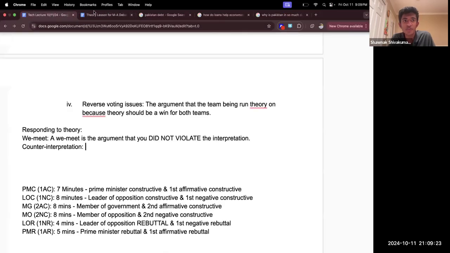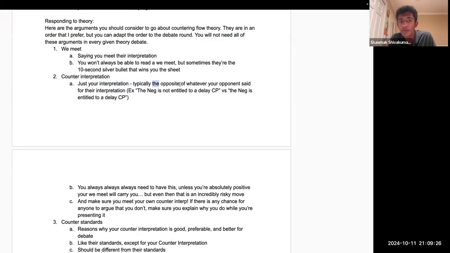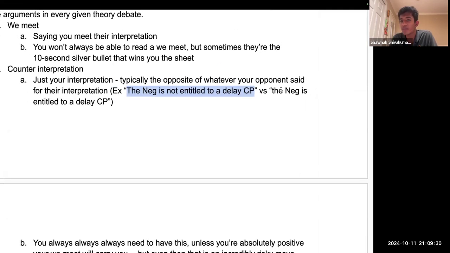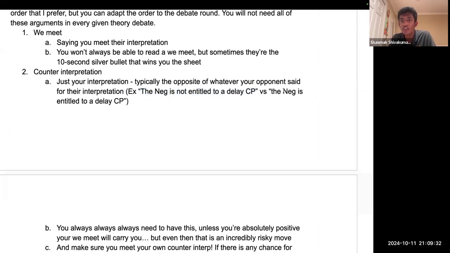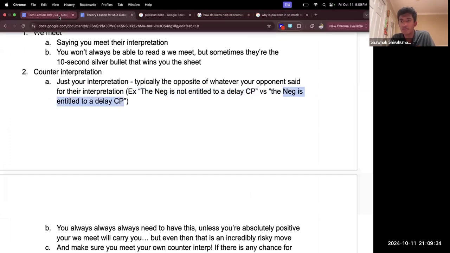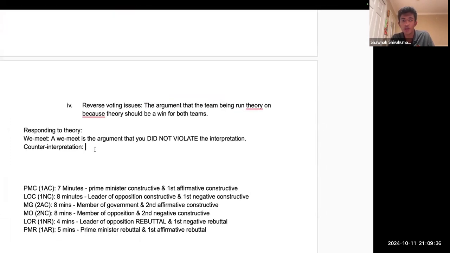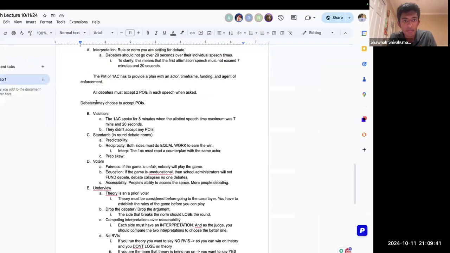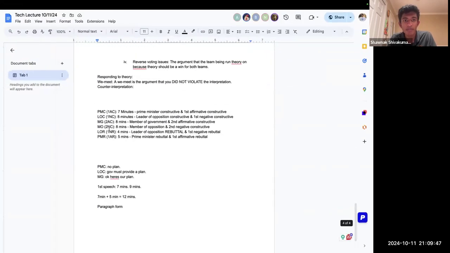A counter interpretation is just your interpretation, specifically the opposite. So when they say the neg is not entitled to a delay CP or a CP, you say the counter interpretation: the neg is entitled to a CP. In the example of debaters must accept 2 POIs in a speech when asked, you say debaters may choose to accept POIs.